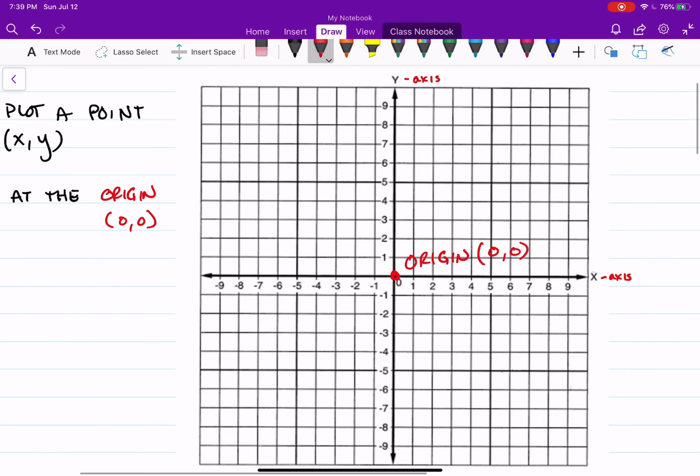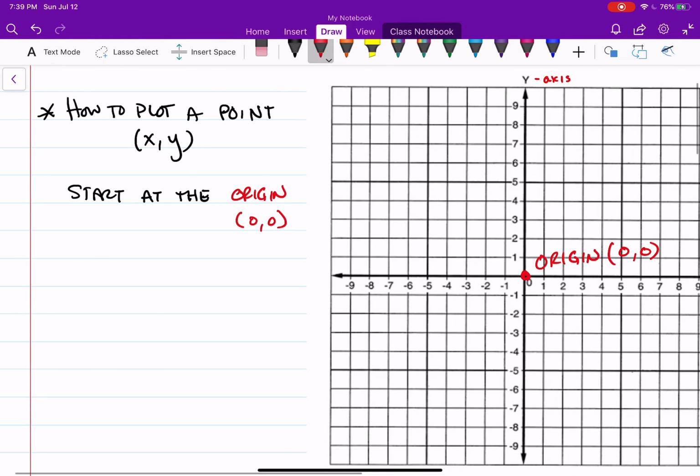When you start at 0, 0, you will go left or right depending on what the x value is. If it's negative, you go left. If it's positive, you go right. For the y value, if it's negative, you go down. If it's positive, you go up. You move your x first, and then your y, and then you'll have your point.